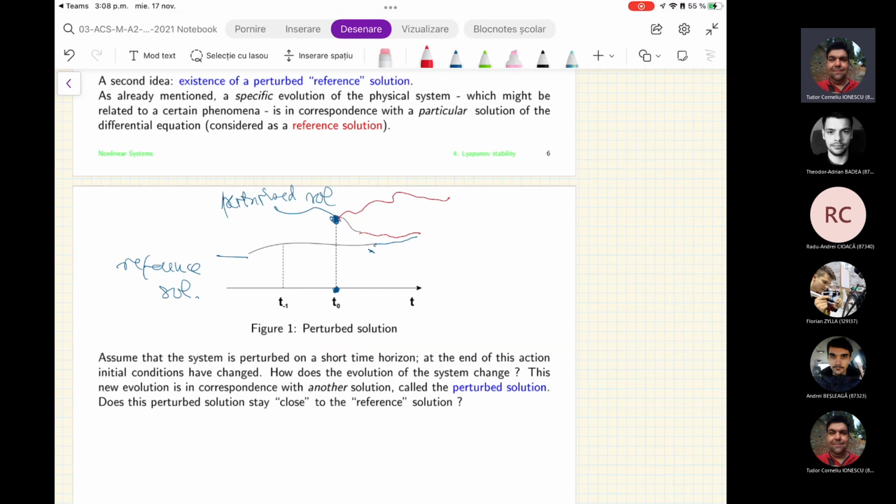And now, if we think about what we discussed so far, who do you think will be in general the reference solution for a nonlinear system? What do you think we are going to consider a reference solution? Always. Who is going to be the reference solution? Can you tell me?